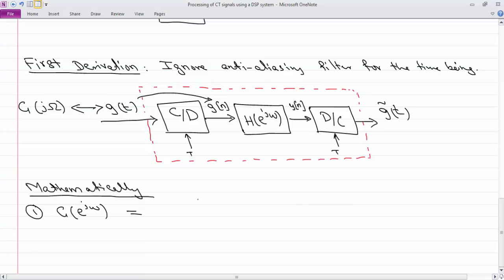So the relationship of the continuous time to discrete time is given by three operations. The first is you have scaling of the frequency axis.